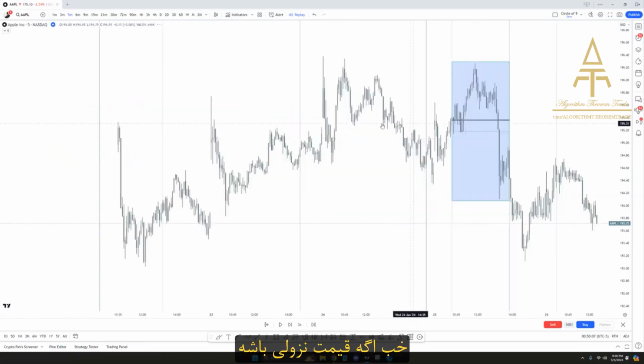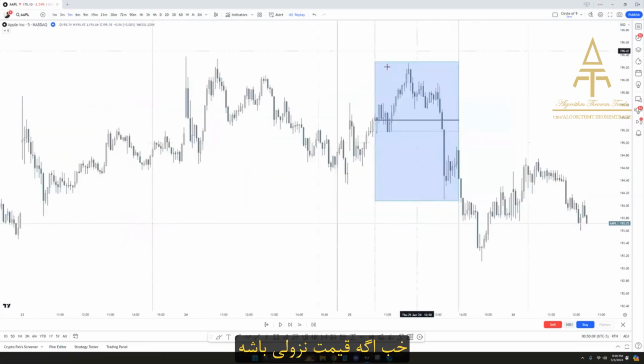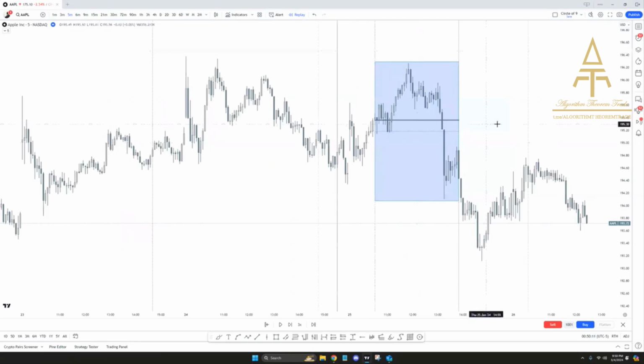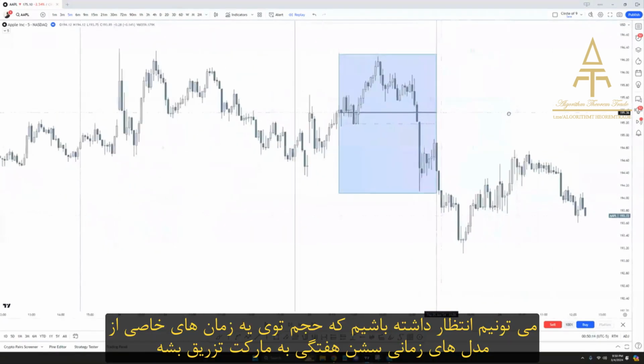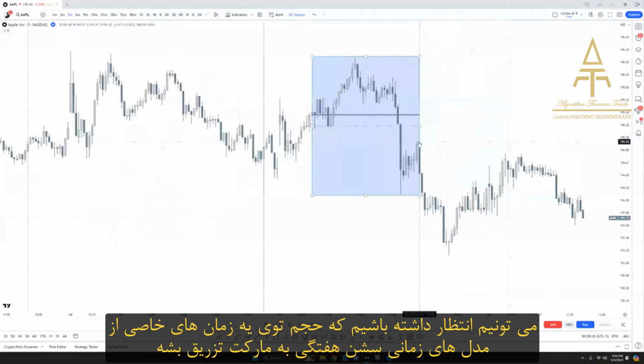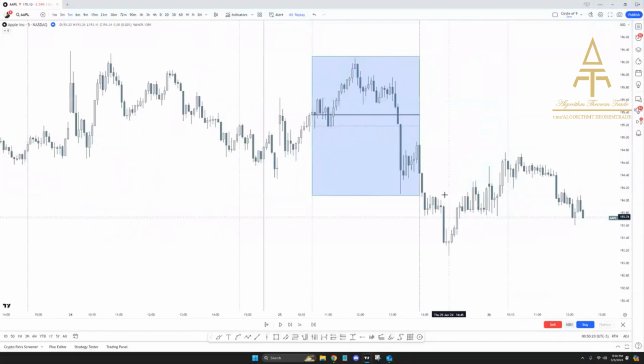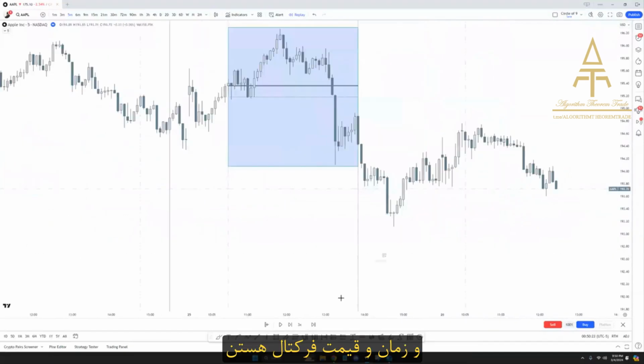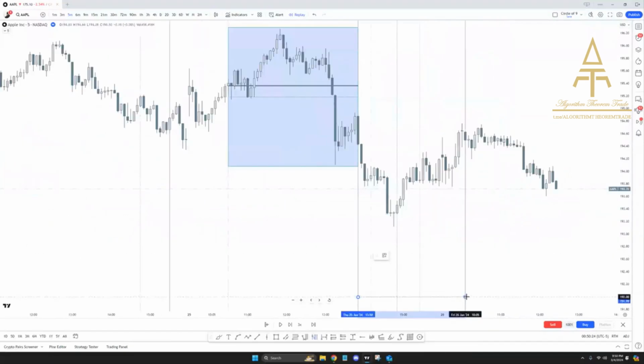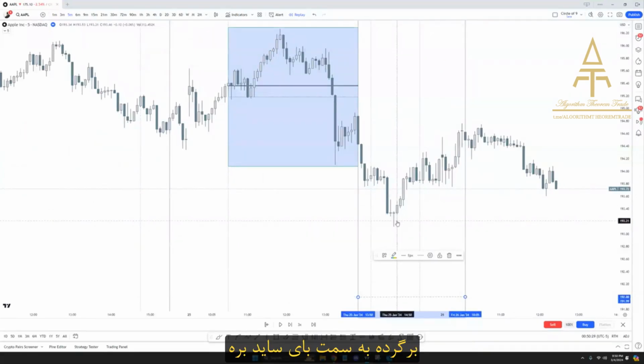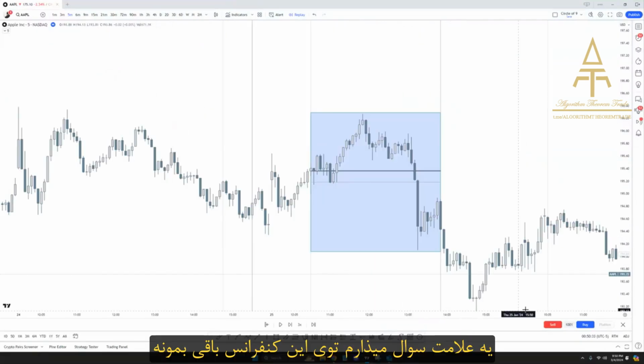So if price is bearish, you can expect volatility to be injected at certain times for weekly session time models, right? 1350, you want to see continuation. And time and price is fractal. You see that right there. Price decides to go back towards bias at that specific moment. Little nugget I'm leaving there in this lecture.